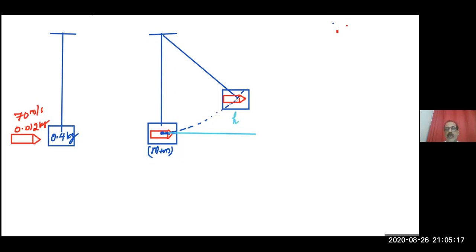Calculate the height to which the block rises. Also estimate the amount of heat produced by the block.